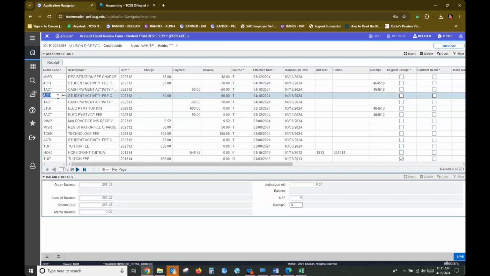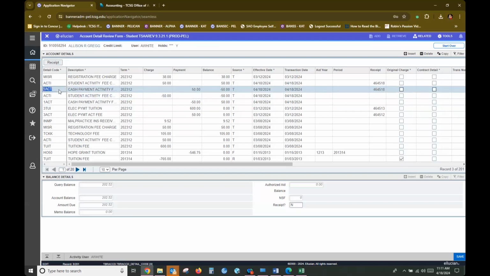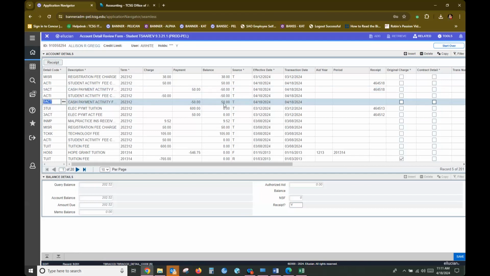This ACTI here is not in its normal state because it's a charge, but it has a negative balance. Remember how we said earlier, charges always have a positive balance and payments always have a negative balance. Same thing with payments. A payment in its normal state has a negative balance, and a payment in its non-normal state has a positive balance.